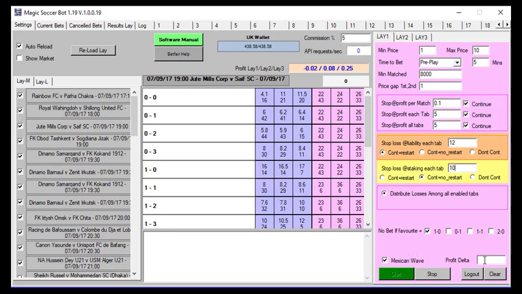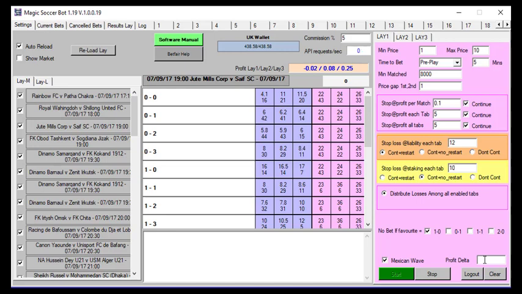Profit delta, I've left that blank, but you can put a figure in there, say whatever you've got up here, you can repeat down here. It means when you get a losing bet, apart from just recovering the stake and trying to get the target, it actually adds another target because that bet lost.